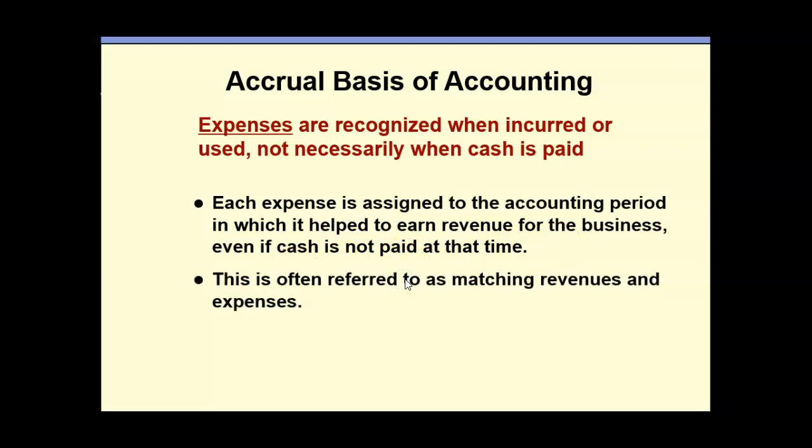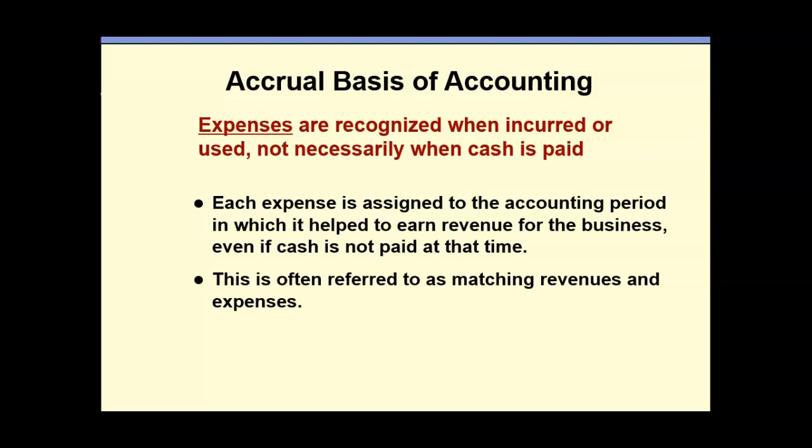So any expenses that have been incurred in order to earn revenue should be recorded in the same accounting period. We're trying to match revenues and expenses in the same accounting period.